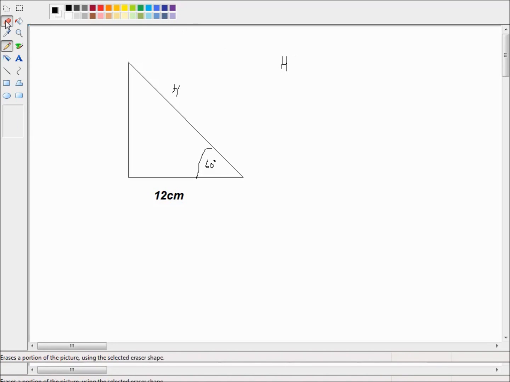Actually, let's not do it that way. Let's do it this way. Let's say the cosine of 60 degrees is equal to the adjacent over the hypotenuse.